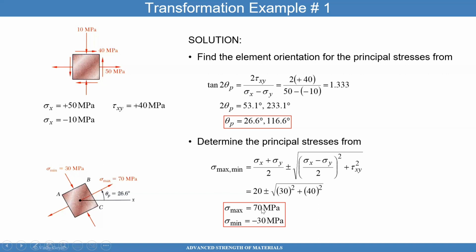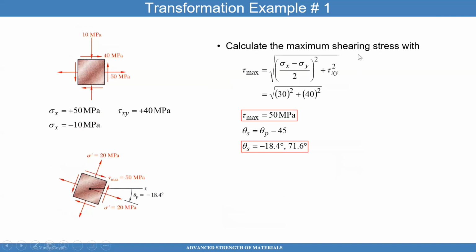So the maximum value is 70 and the minimum value is minus 30. If I were to plot this, theta p at 26 degrees gives me a maximum value of 70 here, while on this face I get the minimum value of minus 30. And that's the way it's pointed. Obviously, there are no shear stresses because I calculated the max principal stresses.